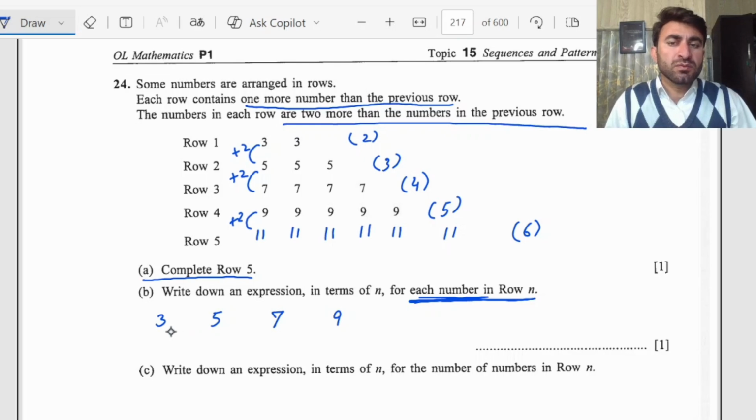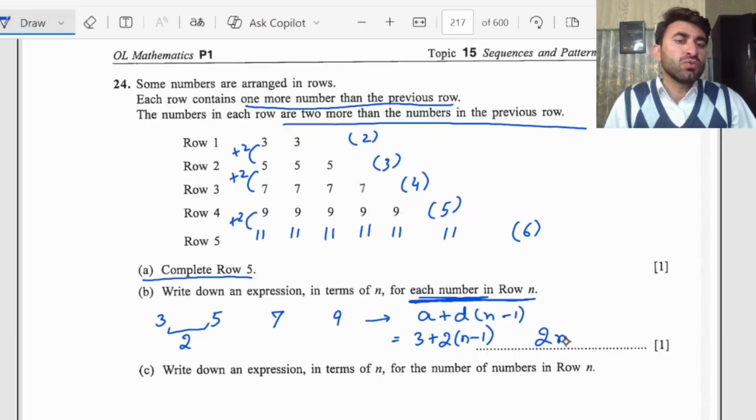We can observe that it is a linear sequence with a common difference of 2. To figure out its nth term formula, it will be a plus d times n minus 1, which becomes 3 plus 2 times n minus 1, and when we simplify it becomes 2n plus 1.